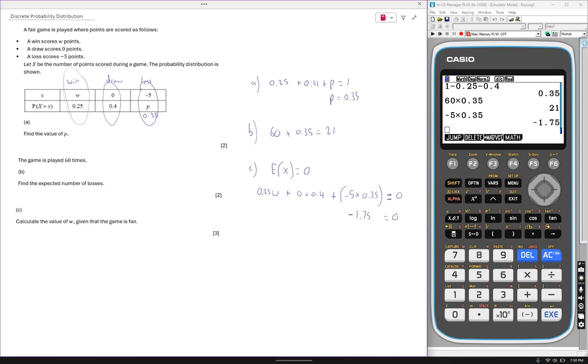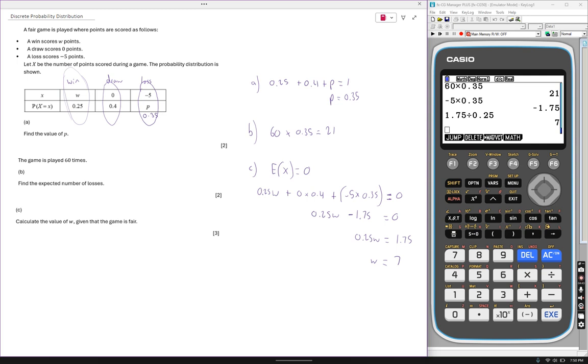The opposite of minus 1.75 is plus 1.75, so 1.75 equals 0.25 W. Now divide 1.75 by 0.25, which equals 7. So W equals 7.